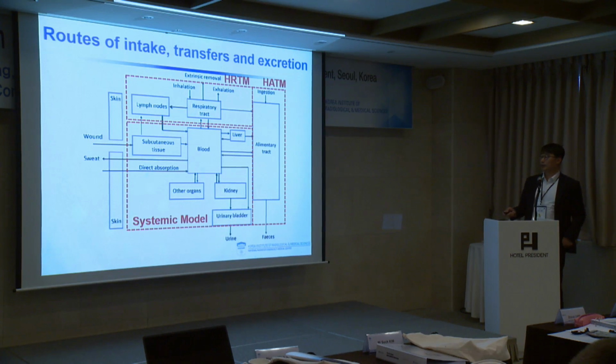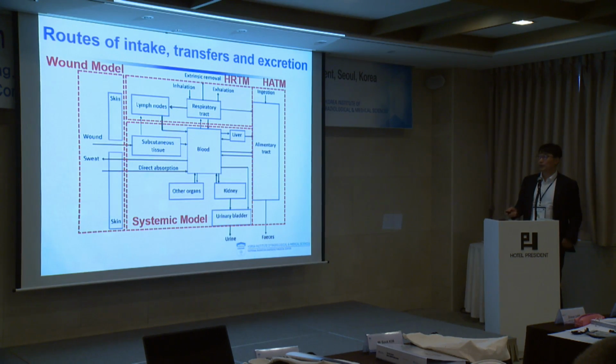And this part is the systemic model, depending on the elements. This is developed to describe the circulation of the blood from the human respiratory tract or human alimentary tract into the blood. And the last one is the UND model.